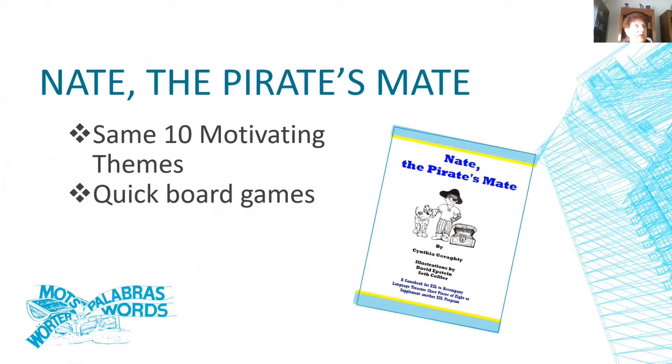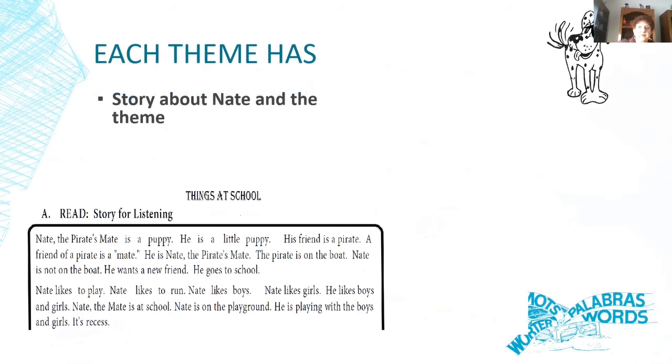What it has is one board game per unit, per theme, and an easy card games suggestion that you can play. It starts with a story about Nate, as it relates to that theme. So in the school unit, here's Nate, and he's going to school for the first time. He wants to learn English.